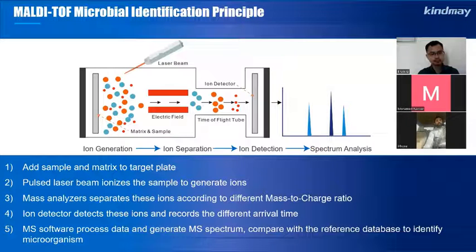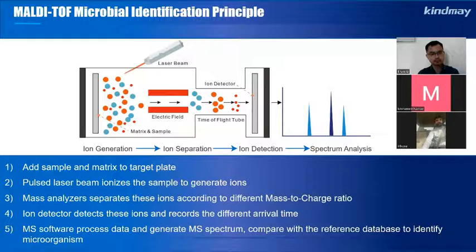We identify some known microorganisms and generate a mass spectrum of their ribosome proteins. Because this information is similar to fingerprint information, we can store it in the database. So it is a microorganism database.